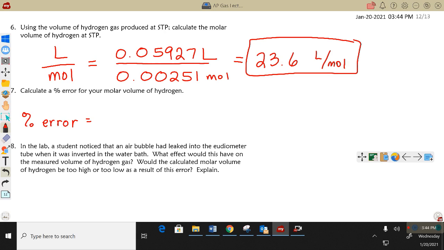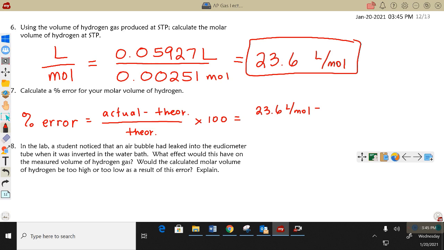Because in number 7 then, when they have me calculate a percent error, it is a little bit different than percent yield. Now we're trying to compare our calculated value to an accepted value. It's actual minus theoretical, all over theoretical, times 100. All right, so the actual molar volume is what I just calculated, 23.6 liters per mole.